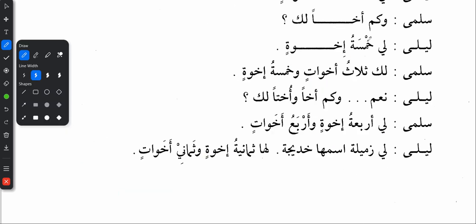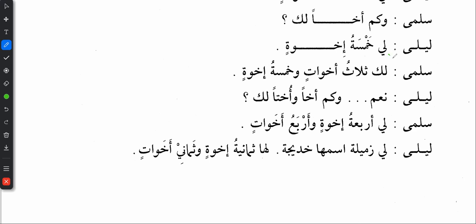Now Salma asks again to Layla, Wakam akhan laki. Now she's asking about the brothers. So she says, this is also shibh jumla, li khamsatu. Now what is happening? The moment the madud is changing to male, as I told you in the previous video, even though you see a ta marbuta at the end of the counted noun, first go and check the singular.